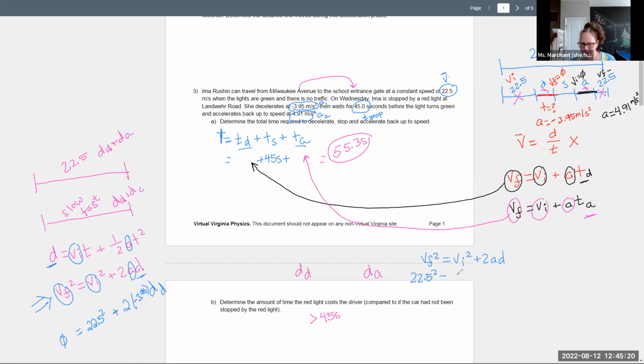My velocity initial is 0, remember, because we're accelerating, we're starting from a stop, plus 2, and this time my acceleration, 4.91. And that's going to give me my distance of accel. So I have my accelerating distance, and my decelerating distance.